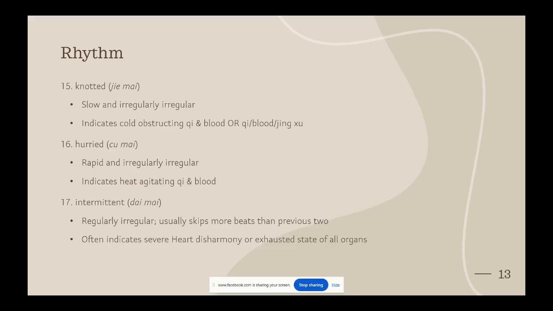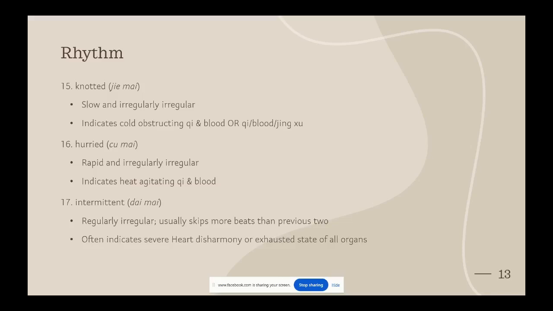It is associated with the kidneys, and we don't need to get too much into that, but basically a deficient pulse quality that perhaps also indicates cold. The hurried pulse is rapid and irregularly irregular, indicating heat agitating the qi and blood.